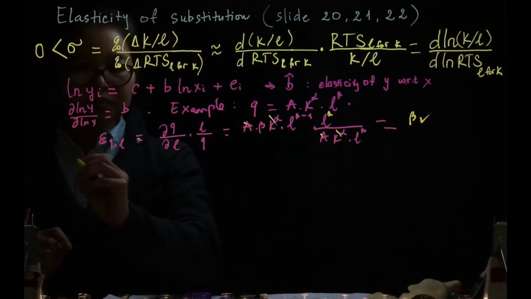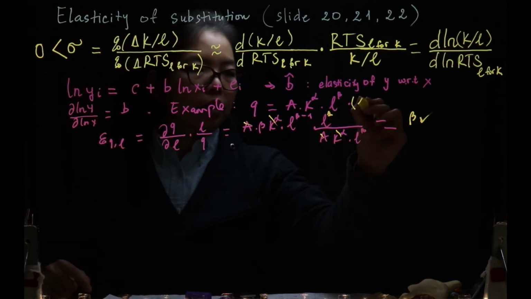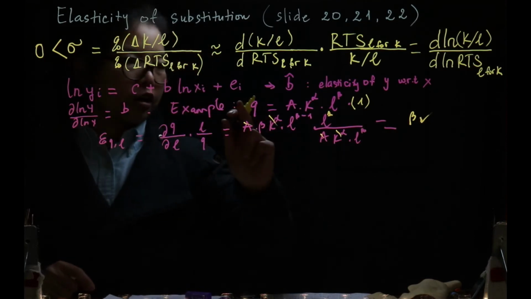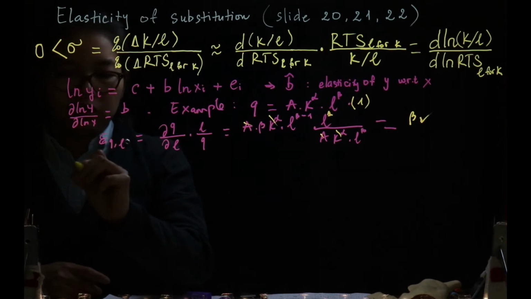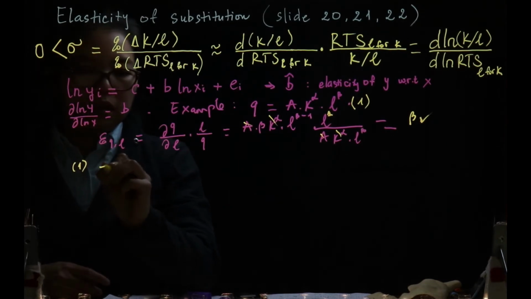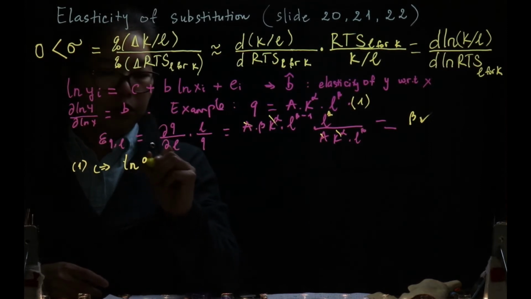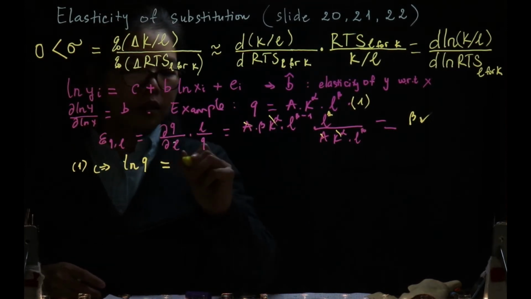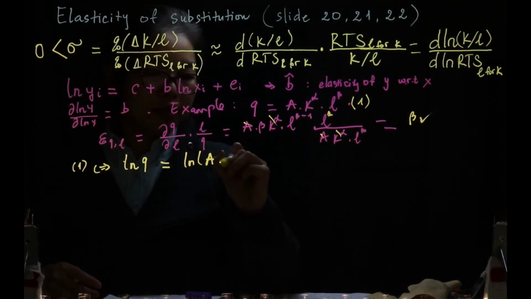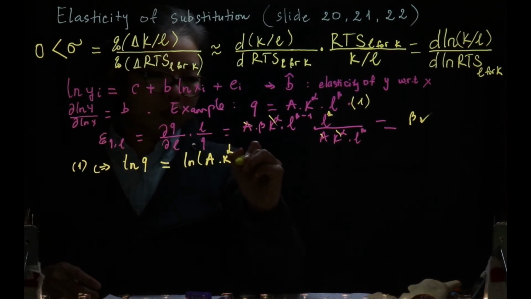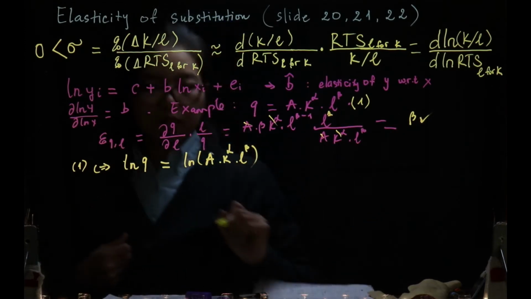Keep that in mind. Now if we take the natural log of both sides of this production function, denoted as equation 1, we have the natural log of Q equals the natural log of A times K to the power of alpha times L to the power of beta, right?